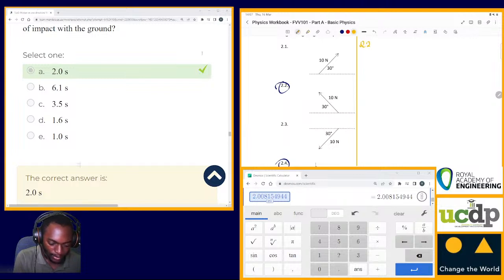Question 2.2. Okay, so what do we have to do? We have to sketch our axis. Where is our vector? It's in this quadrant. And where is our angle?